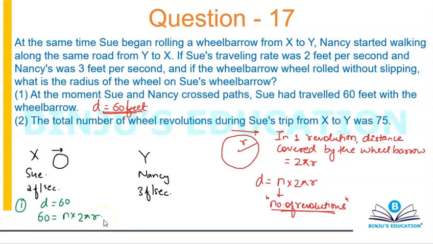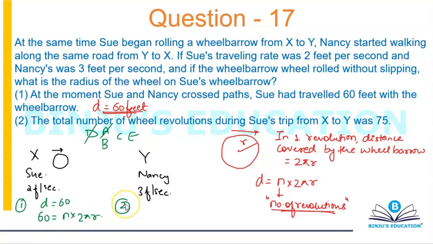Now, do I know the number of revolutions the wheel has made? No, I don't think I know that. So I don't know the value of n. There are two variables in this one equation, so there are a lot of possibilities. If I don't know n, I can't calculate r. So A goes out, and D goes out.